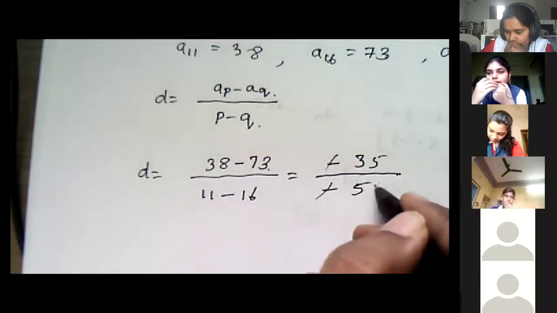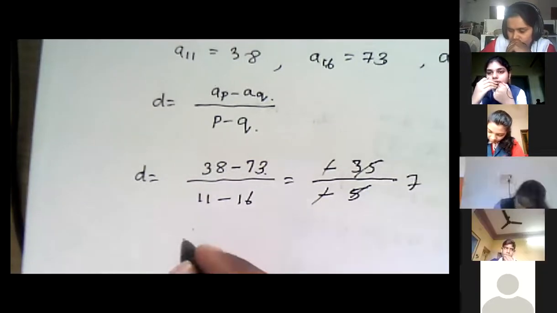What do you get? 7. What is the value of D? D is 7.